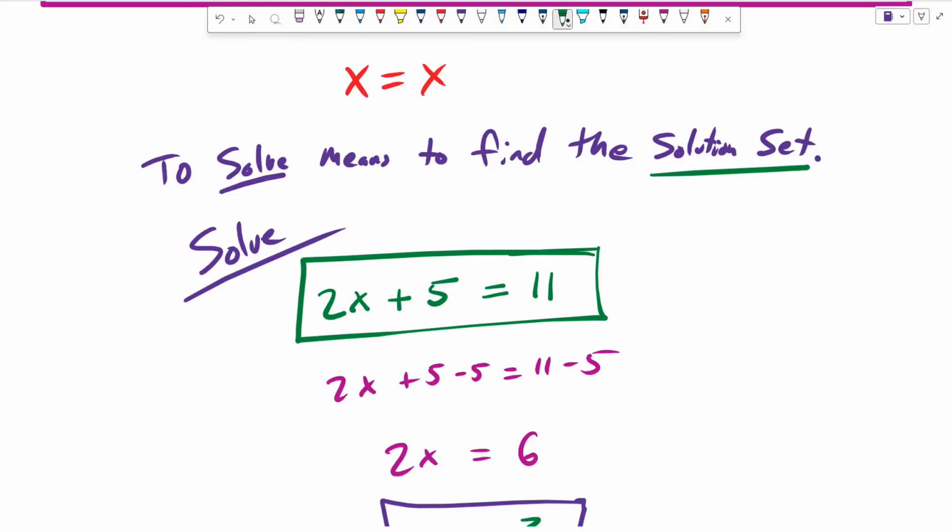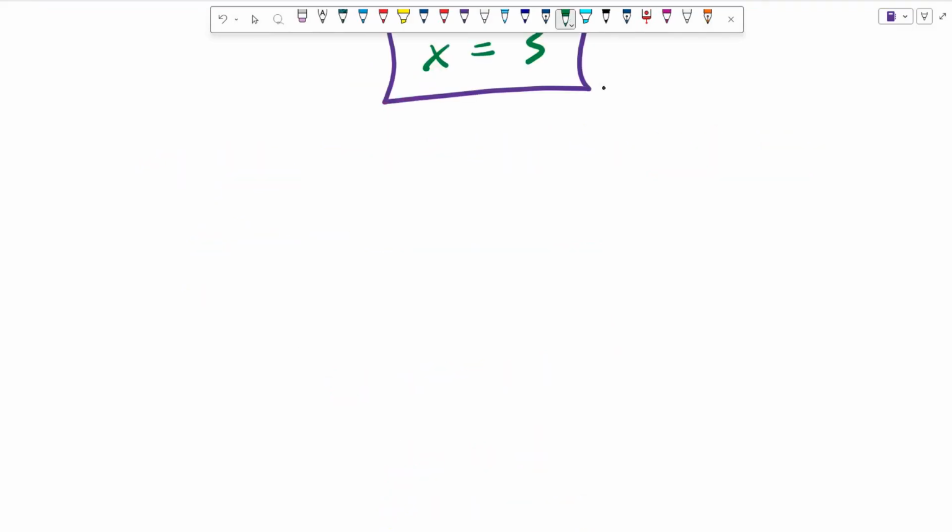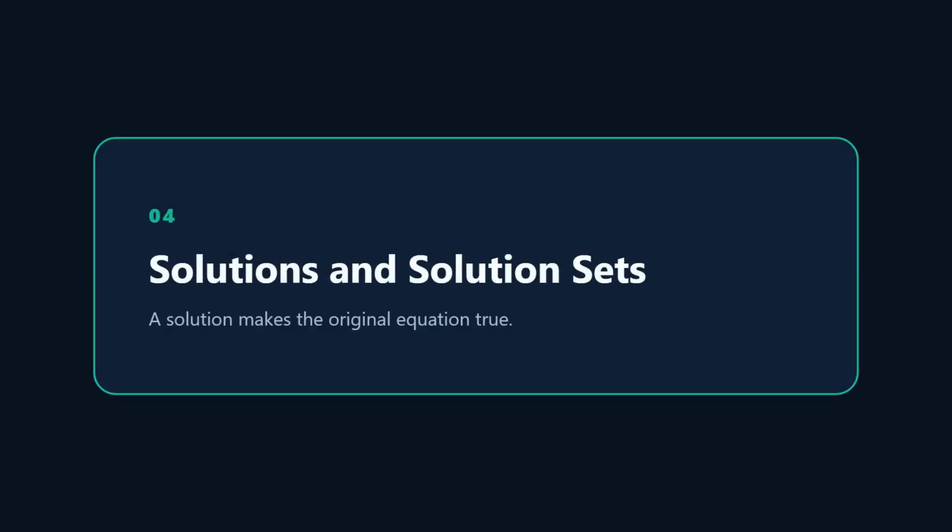So what does it mean to be a solution? Make the equation true. Okay, this is very important. Here's the definition.